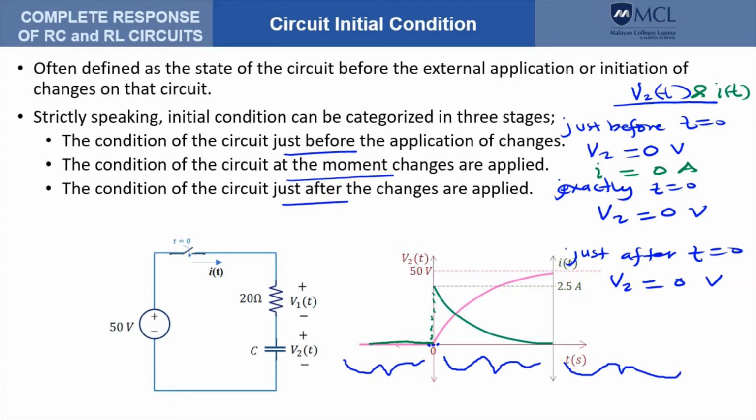So at exactly t equals 0, current abruptly changes to 2.5 amperes. And just after t equals 0, somewhere here, we get I still equal to 2.5 amperes.